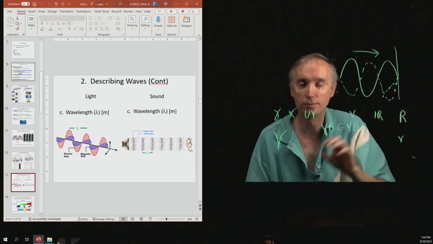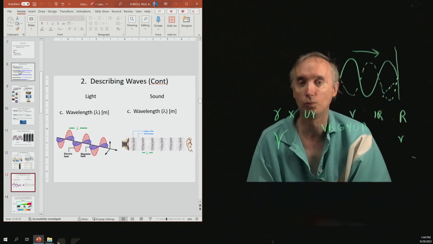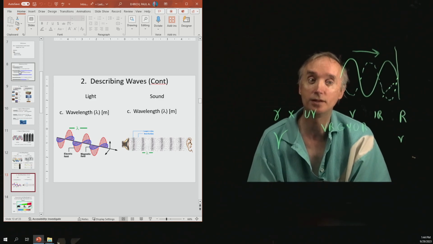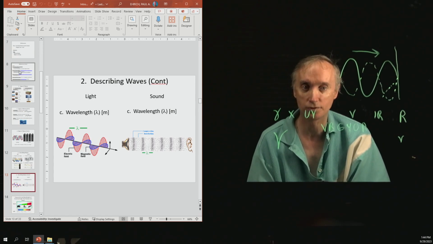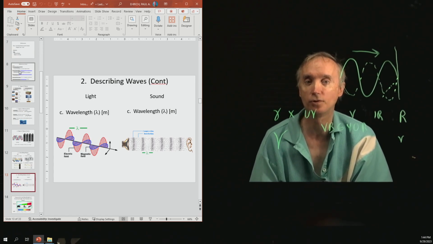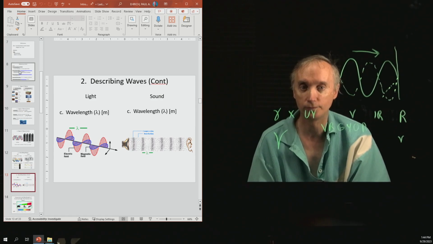So there's multiple ways of measuring the wavelength, and it's going to be in meters. If you measure it in centimeters, make sure to convert it to meters, and then that would be the official wavelength of the wave.